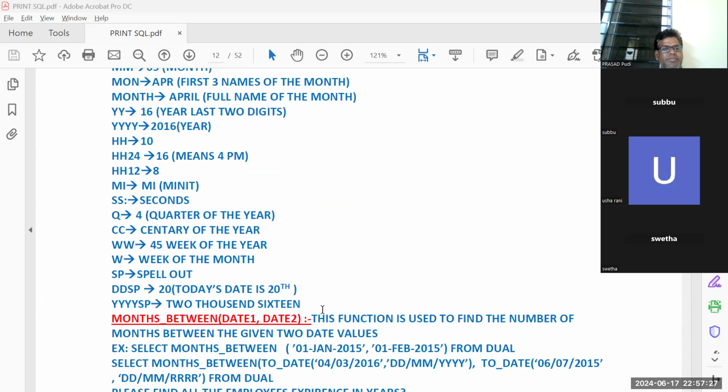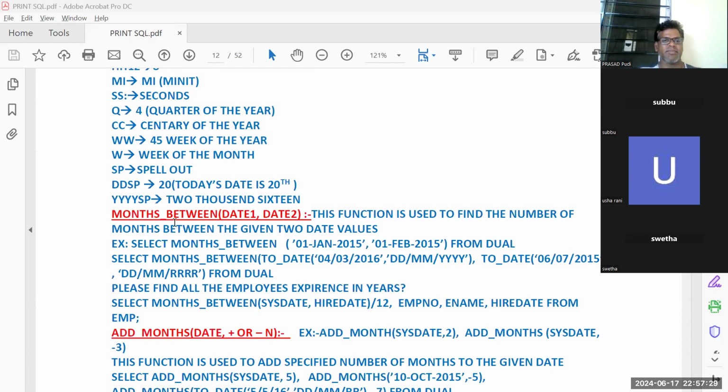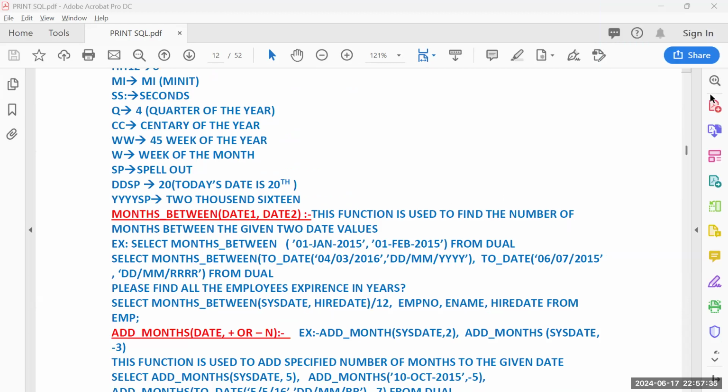Same way, we have the MONTHS_BETWEEN function. This function is used to find the number of months between the given two date values. Any two dates you give, it will return how many months are in between.